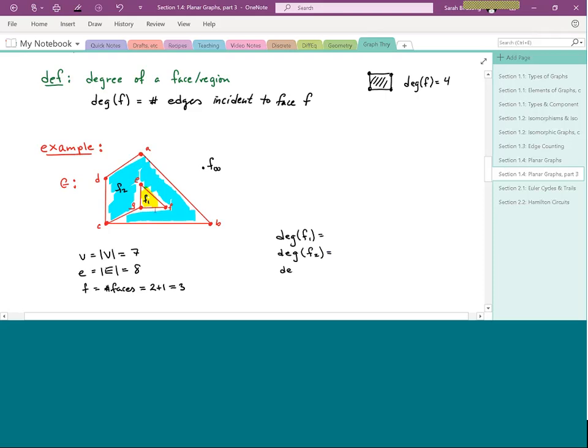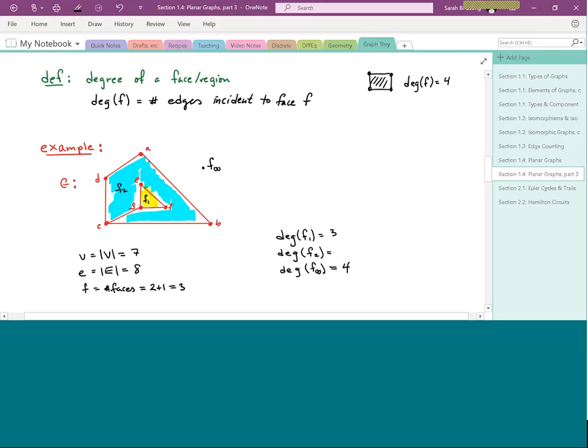So face 1 would be 3 because it deals with that little thing that looks like a triangle. Anybody have a guess on the degree of the unbounded face? I've got 2 guesses for 4 so far, and more of them coming in, so that looks pretty good.